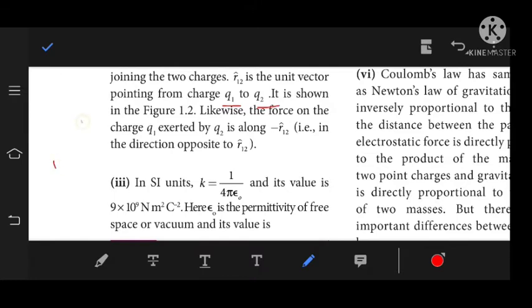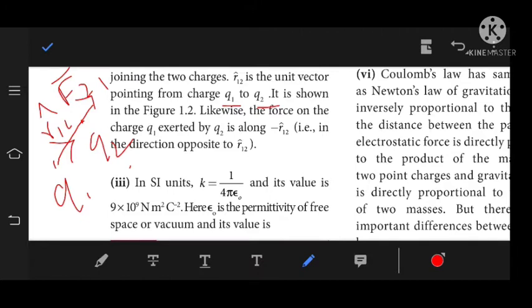The direction of force is along the line joining the two charges. So the force acting on the charge q2 due to q1 is along this direction, that is our F21 vector, along the direction of R12 cap, from 1 to 2. That is shown in the previous figure.